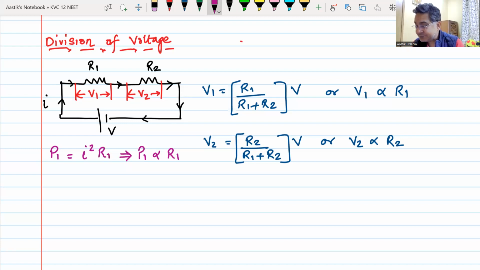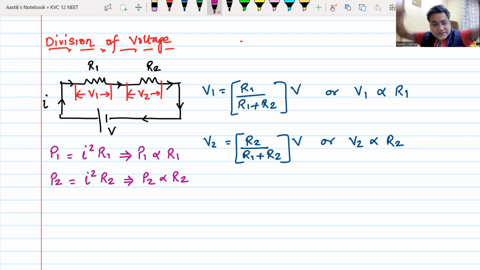Similarly, power across the resistor 2 will be equal to I square into R2. From here, you can see that this power P2 is also directly proportional to R2. The resistor which will have more resistance will have more potential drop and will develop more power. Everyone understands this?